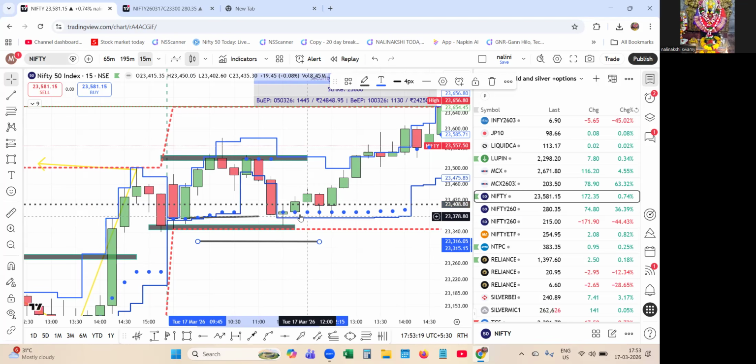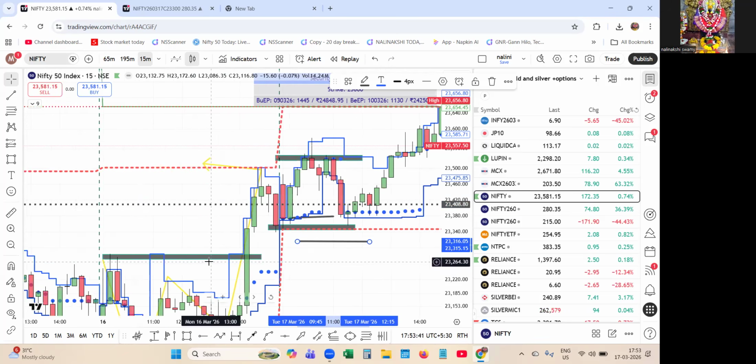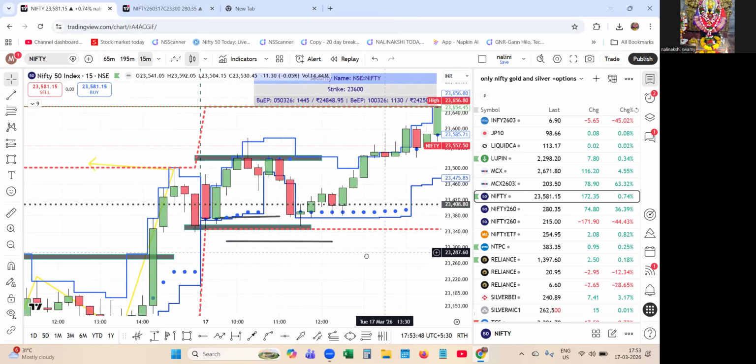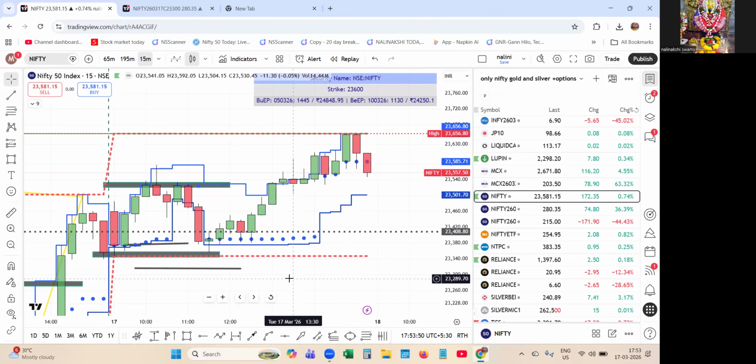So here the POC, the price started, value area low has been formed, price started getting accepted. The market did not breach the current day's low, and even this is my reference point. The previous day, previous hourly high was my reference. 23,279 was my reference.